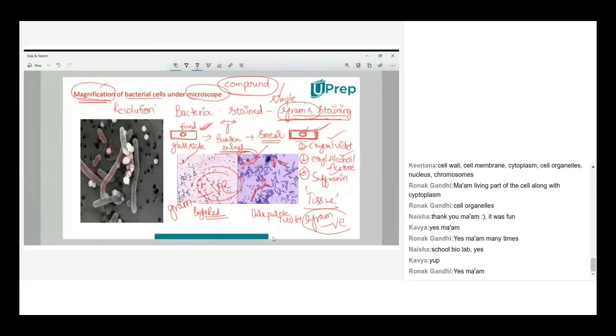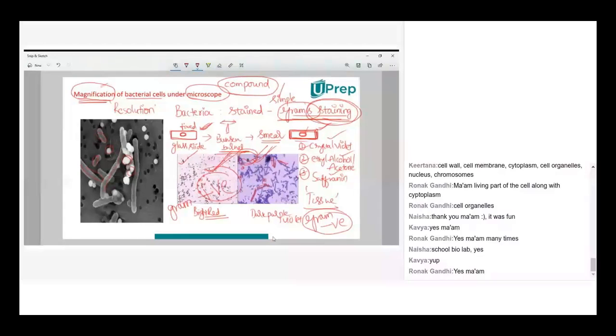So bacteria can be broadly classified not only based on their shape. This is the point you have to understand. Based on the staining technique also, bacteria can be classified as gram-positive and gram-negative.